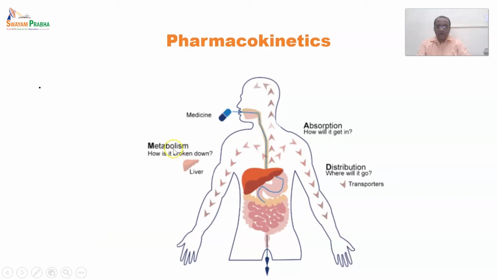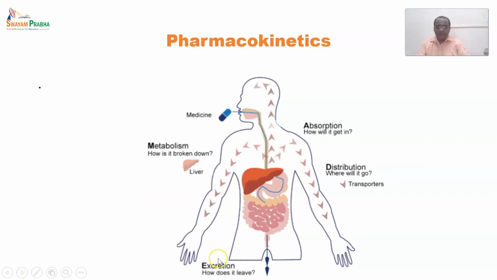After that, the next step is metabolism. So how does a drug break down? In some cases, drugs are active before metabolism, and in some cases, the drug becomes active after metabolism, and all this process takes place in the liver, or it is carried out by enzymes like cytochrome P450.